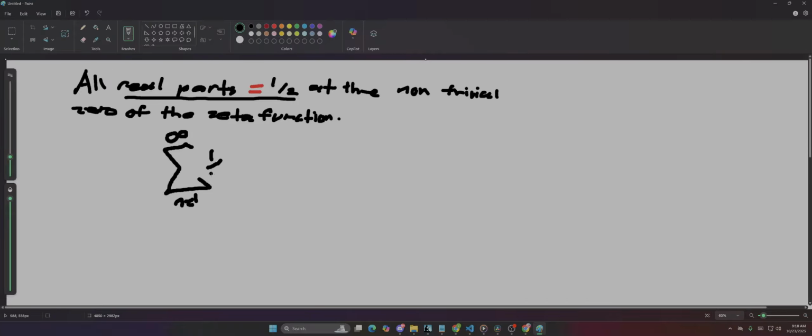I think it's 1 over n to the s. I think that might be it. And then that just equals 1 over 1 to the s plus 1 over 2 to the s plus 1 over 3 to the s, and so forth.